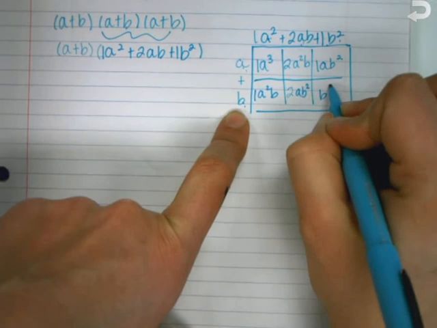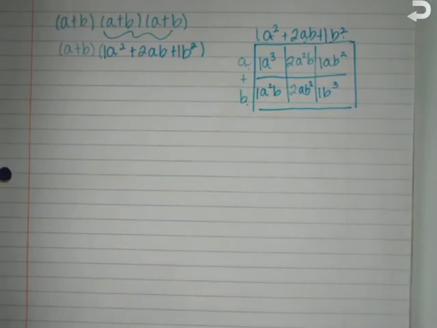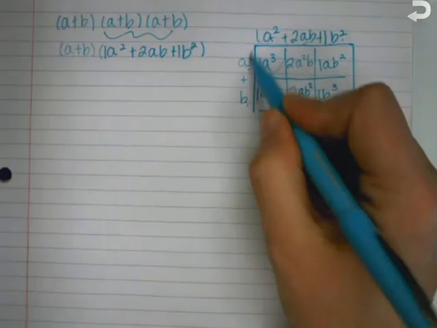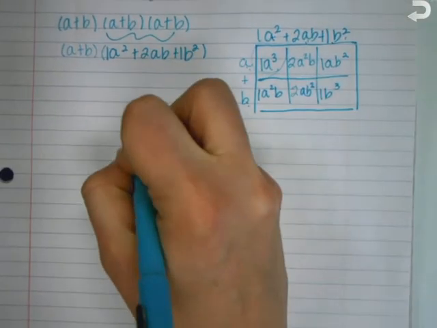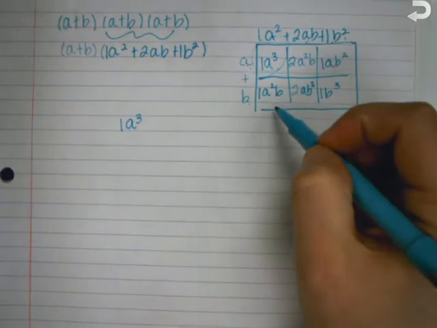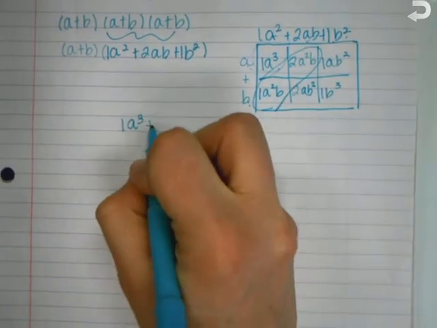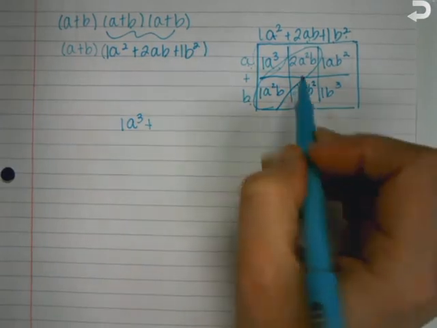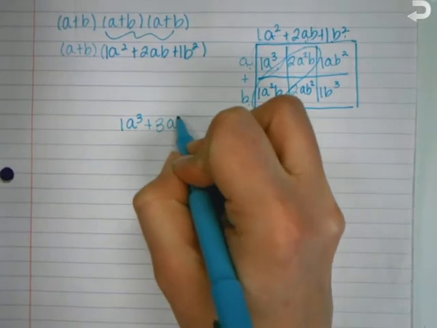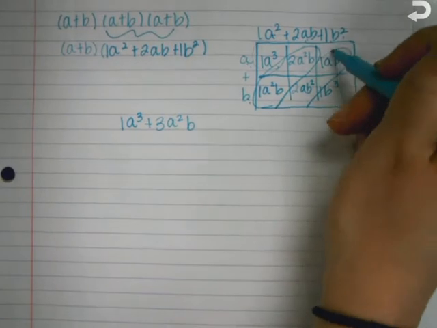Okay, let's combine our like terms. I have a to the third, which doesn't have any like terms. So that's 1a to the third. I have 1a squared b plus 2a squared b. What's that give me? 3a squared b. 2ab squared plus 1ab squared? 3ab squared.